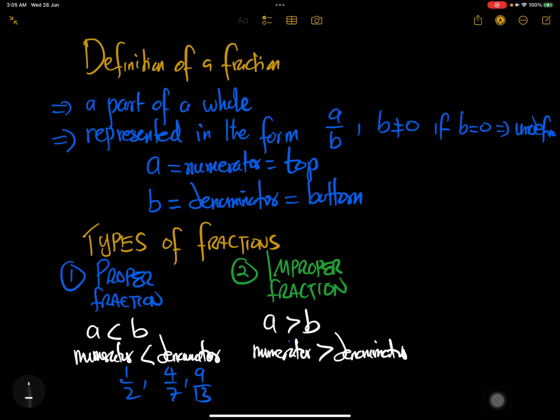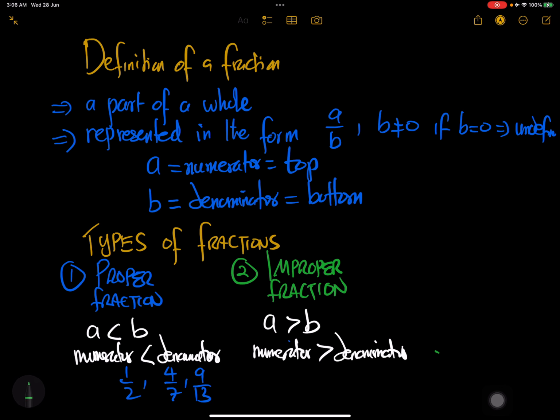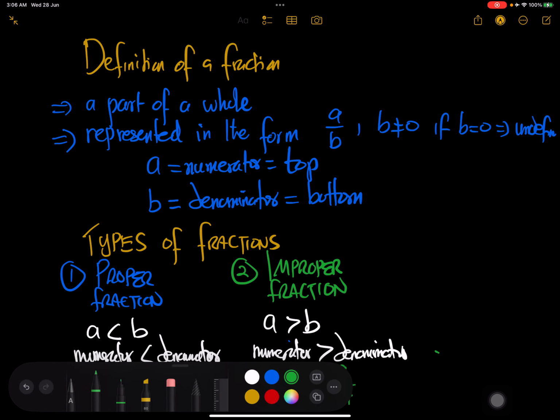The top is bigger than the bottom, and examples are 3 over 2, or 4 over 3, or 9 over 4. Anytime the numerator is bigger than the denominator, it is a type of improper fraction.